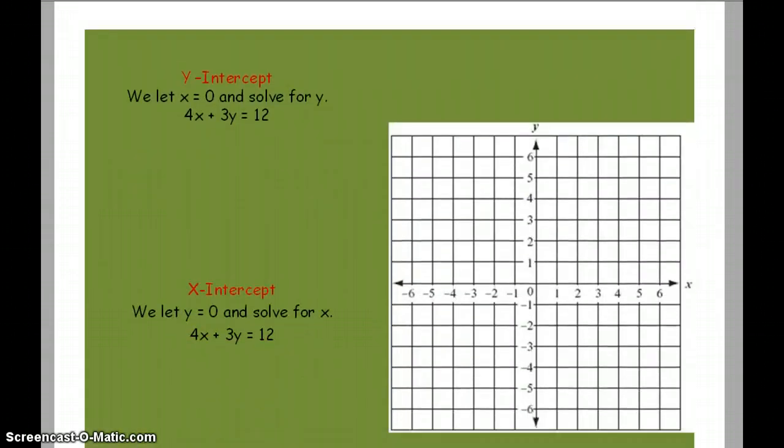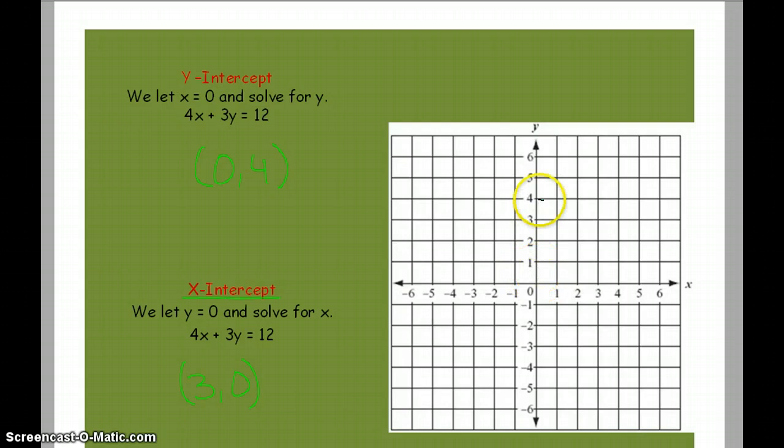Okay, now we're ready to graph. These are the exact same equations we just solved for each. I'm just going to rewrite those coordinates for us. So I have (0, 4) for my y-intercept and (3, 0) for my x-intercept.